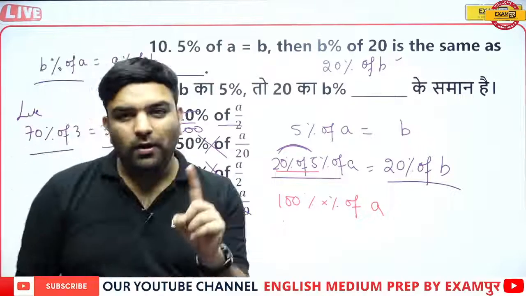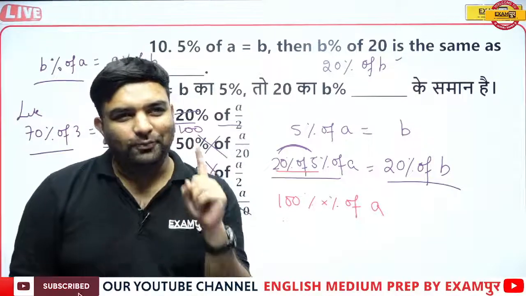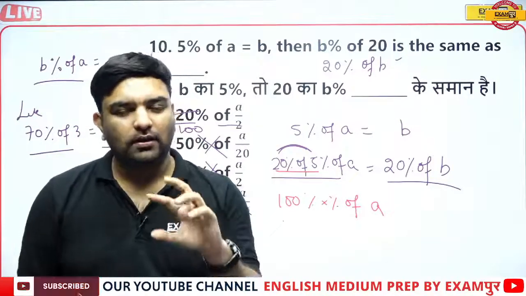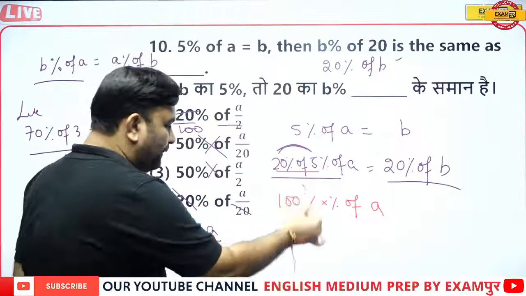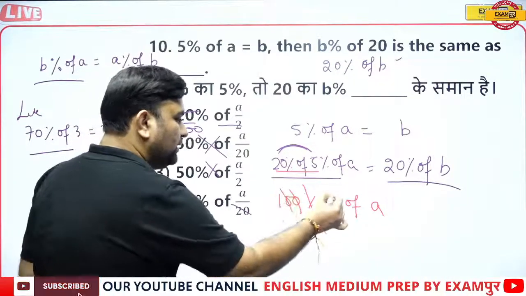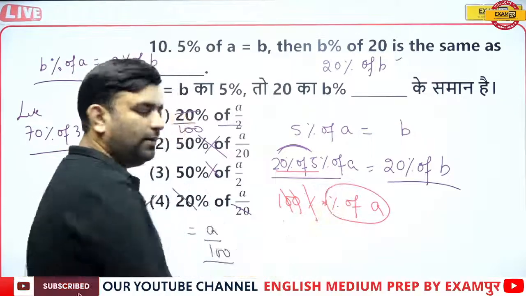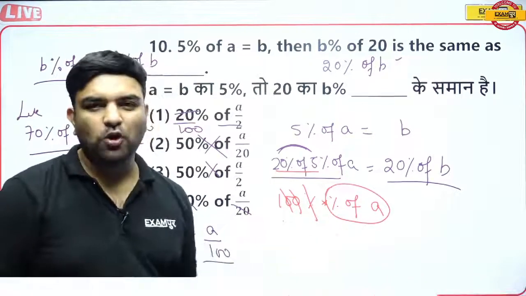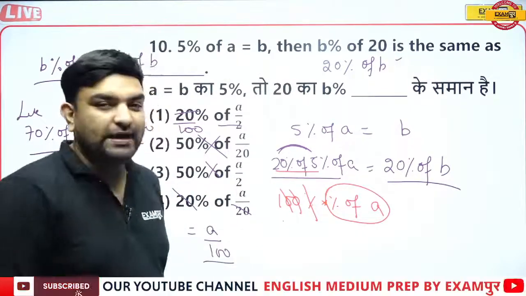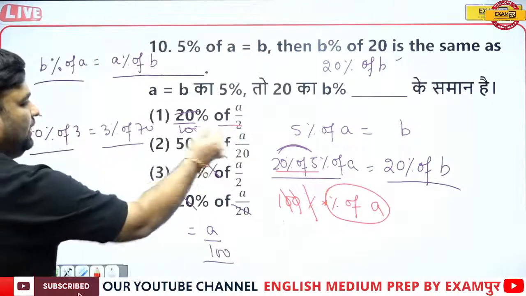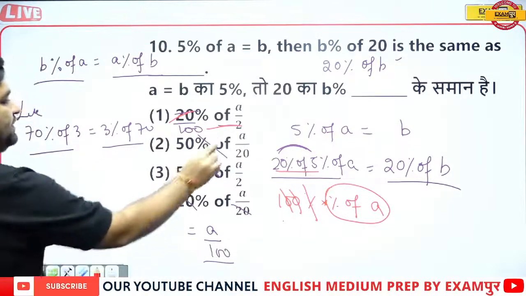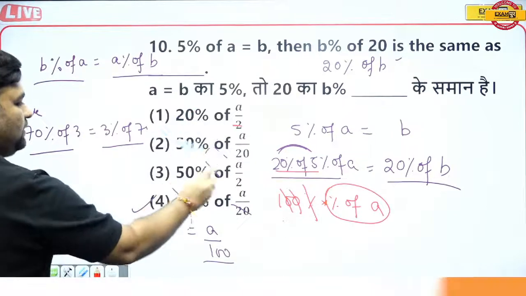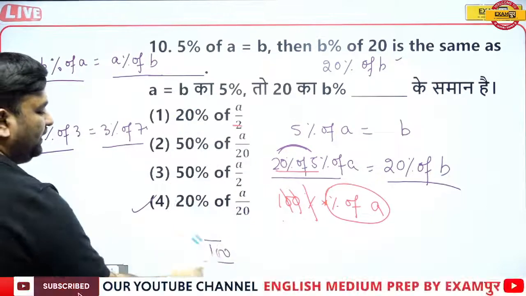You know 1% will cancel out 20. So the answer is percentage of A. It is 10% of A.